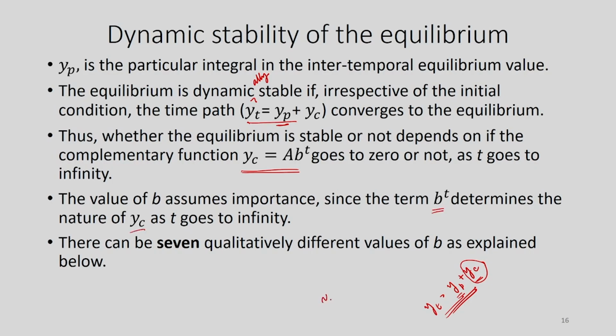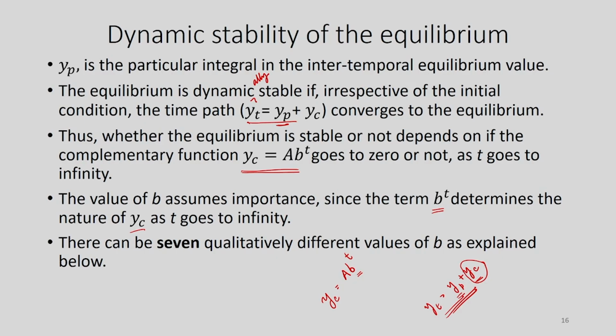Now, that is obvious. You see, yc is equal to a b to the power t. T is going to infinity, it is becoming larger and larger. So, what is the value of b? That will determine whether yc slowly drops out or not, right. So, the value of small b, that constant, is of critical importance.